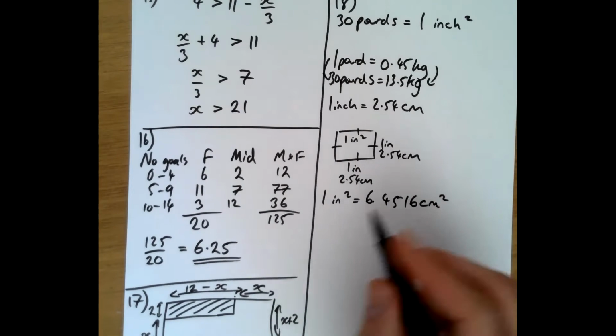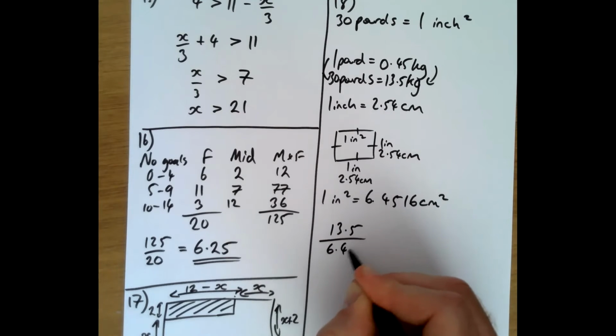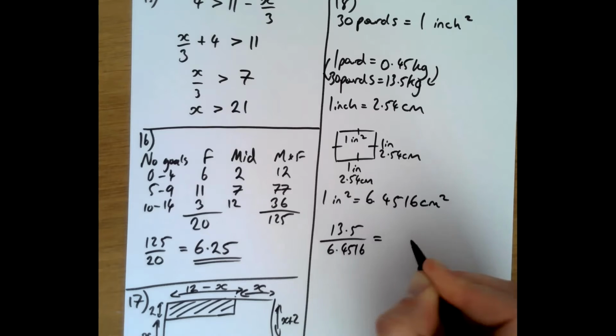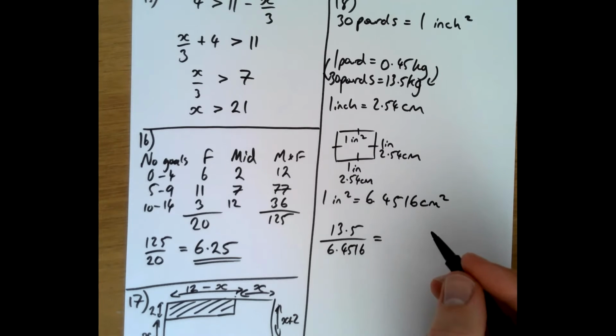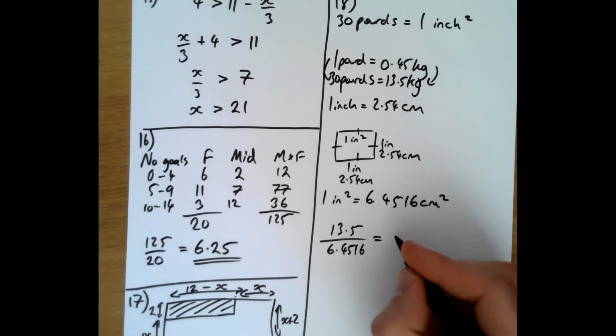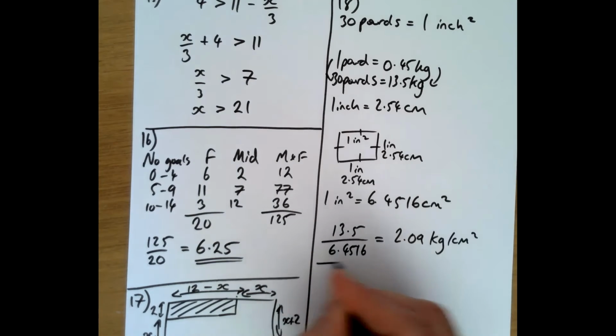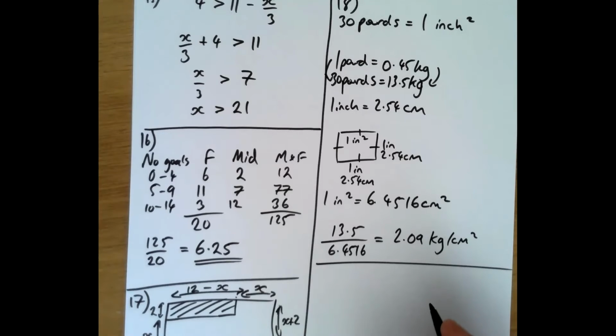So we're going to do 13.5 divided by 6.4516, and that's going to give us the amount of kilograms per 1 square centimetre, which gives us 2.09. Does it say significant figures? Let's just do it as that. Kilograms per centimetre squared.